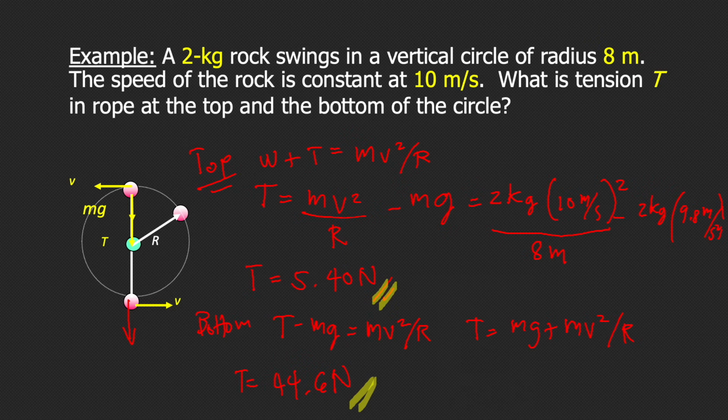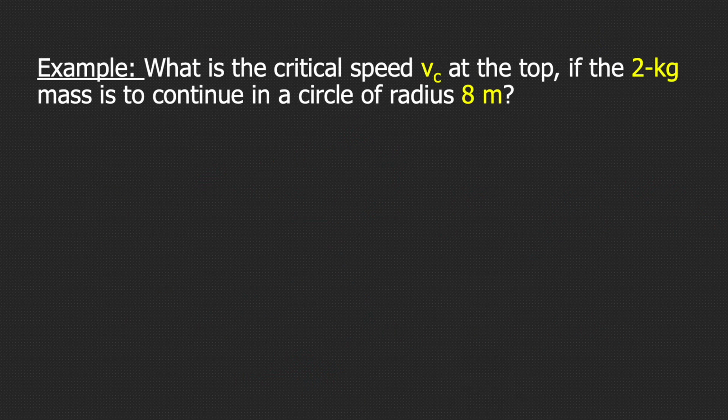Now, what is the critical speed at the top if the 2 kilogram mass is to continue in a circle of radius 8 meters? Let's say, for example, an object is moving on a vertical circle, and it's at the top of this, and the radius is equal to 8 meters here.